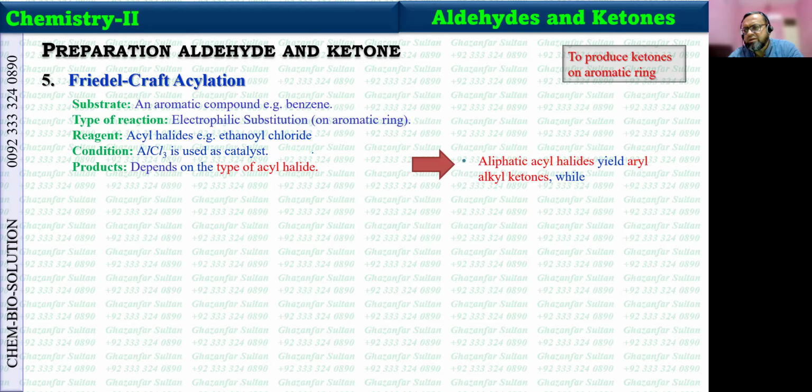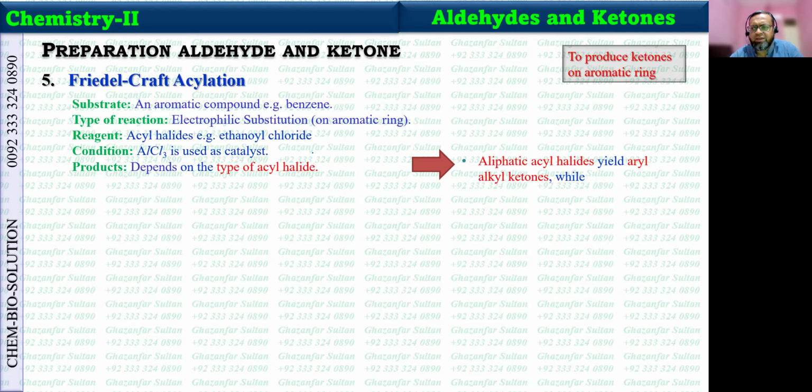Aliphatic acyl halide yields aryl alkyl ketones because on one of the sides there must be benzene or any other aromatic compound. If you are using acyl halide from the aliphatic chain, a ketone is formed where on one side of the carbonyl carbon is an aromatic ring, and on the other side there is an alkyl group.